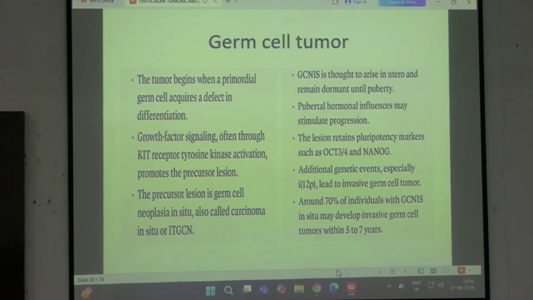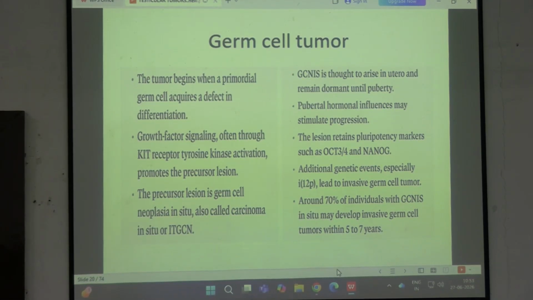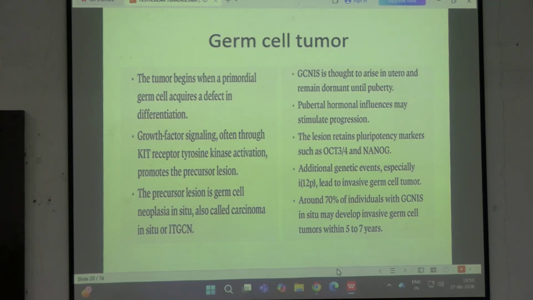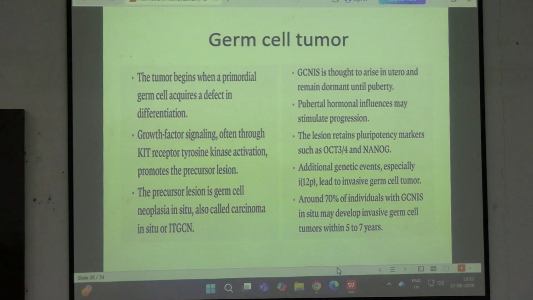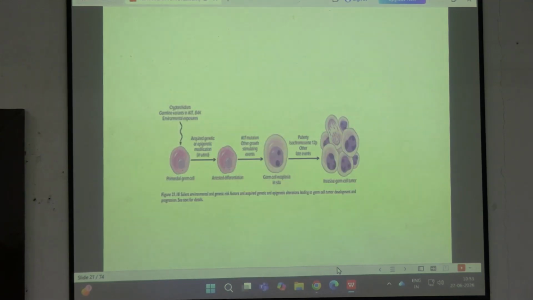Now, during puberty, because of the effect of different hormones, there is differentiation and proliferation of these already abnormal primordial germ cells, and that is when the tumor starts developing. This is a picture from your Robbins of how the tumor develops.